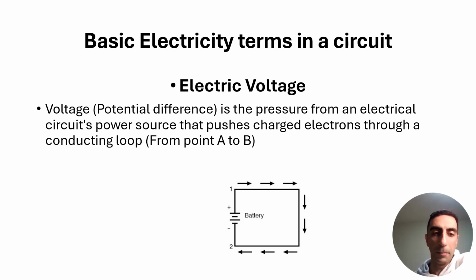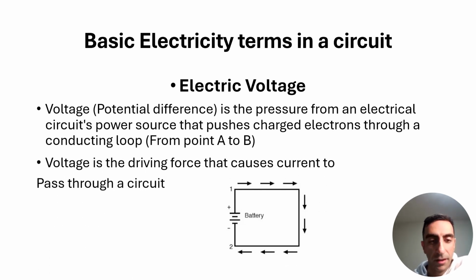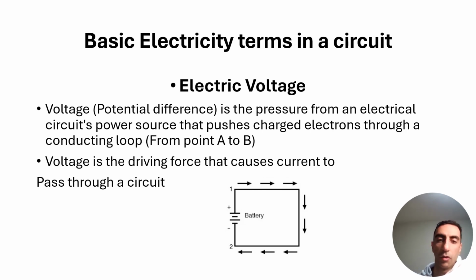So the push that a power source gives to electric charges or electric currents to go through the circuit, that pressure, is known as voltage. Voltage is the driving force that causes current to pass through a circuit. I can put it in other words this way.